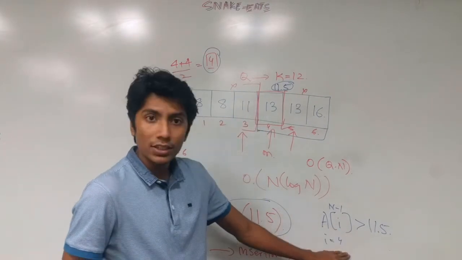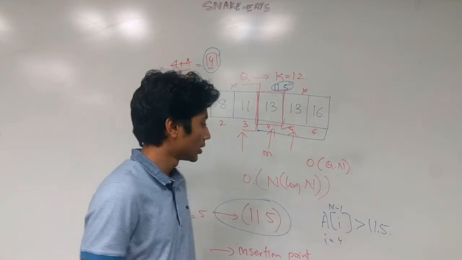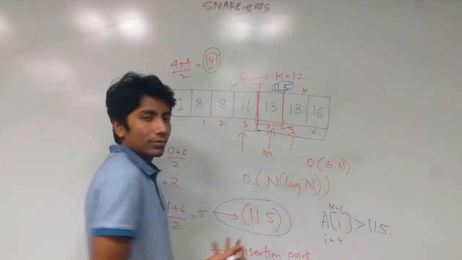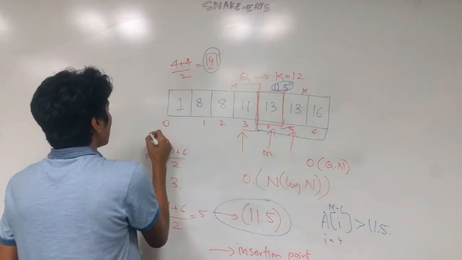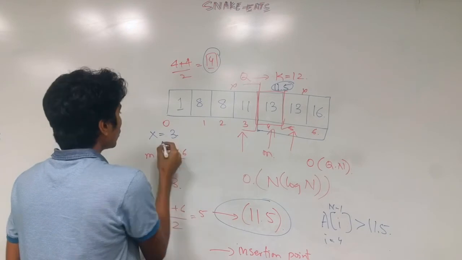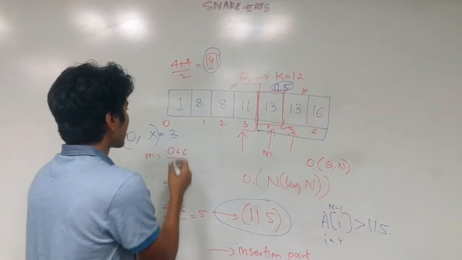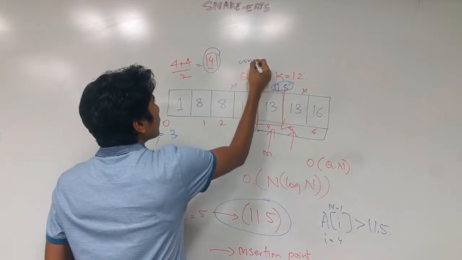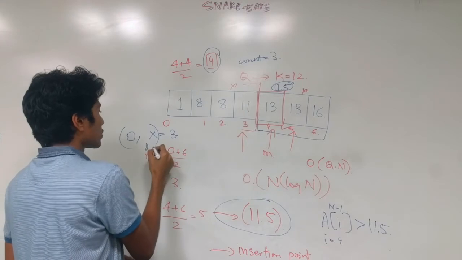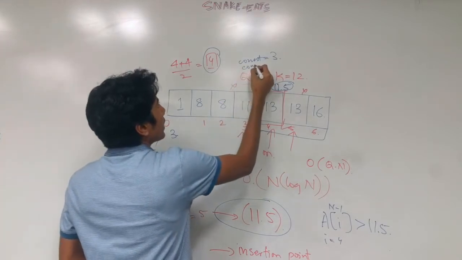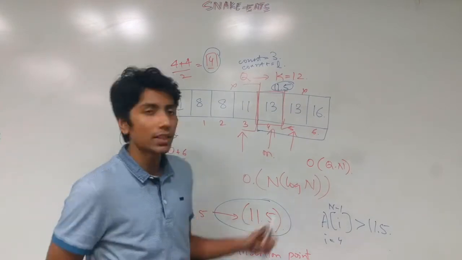Every element less than this should be taken into consideration and all these elements need to be discarded. So that's the way you find x. X in your case is 3. You need to take care of elements from 0 to x. So initially count will become 3, and for whatever value of small l you get, you add that to the count, count plus equals l. So that's how you'll be solving this problem.